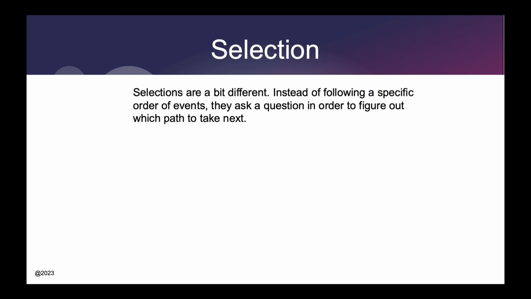Selection. Selections are a bit different. Instead of following a specific order of events, they ask a question in order to figure out which path to take next. So in selections, there will be a question for a decision to be made.